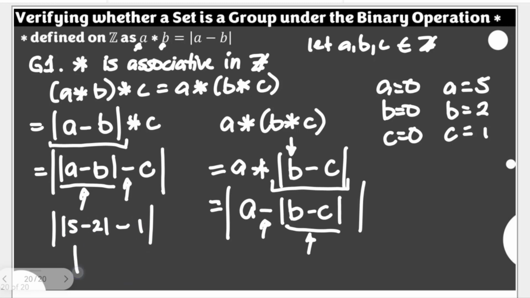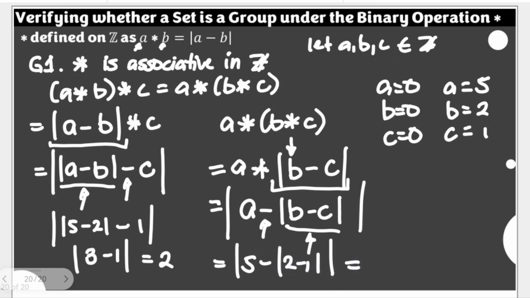That's the absolute value of 3 minus 1, which is 2. On the other side, you can also have the same result: 5 minus the absolute value of 2 minus 1, that's the absolute value of 5 minus 1, which is 4... Actually, that is the absolute value of 5 minus 3, which is equal to 2. So aside from 0, 0, 0, you have 5, 2, 1, which also satisfy the given.